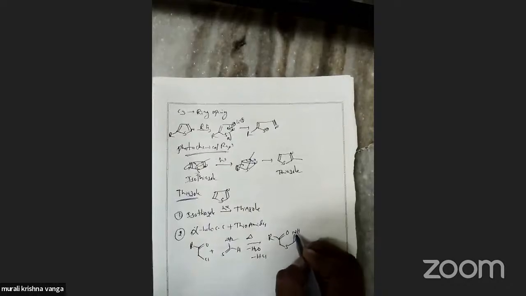This undergoes nucleophilic addition at the carbonyl carbon, and the carbon pi bond shifts towards the oxygen side. Then the product is OH, S, N double bond H. It involves loss of a water molecule, and the azole is formed.